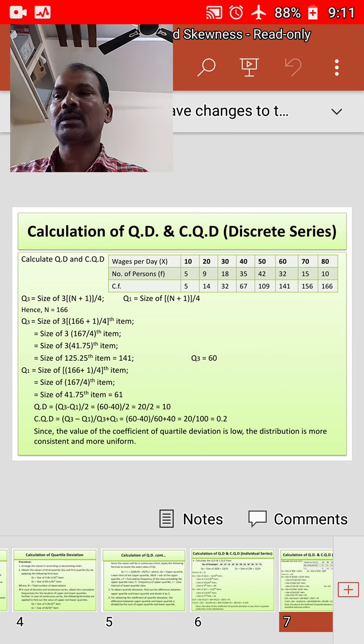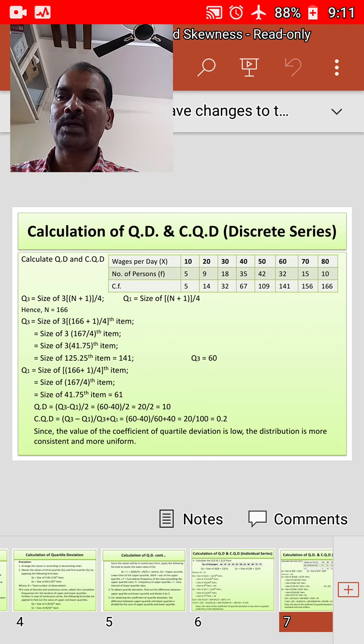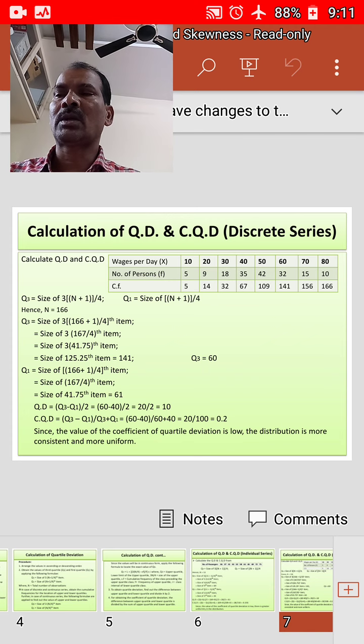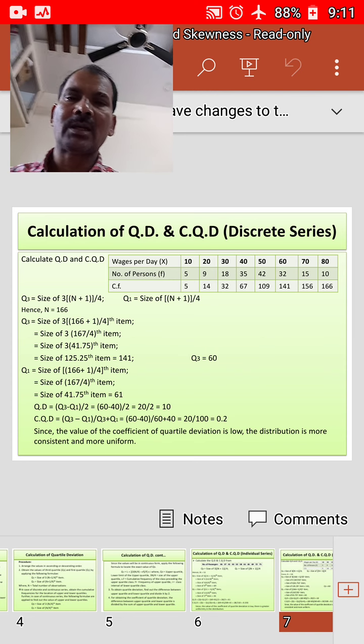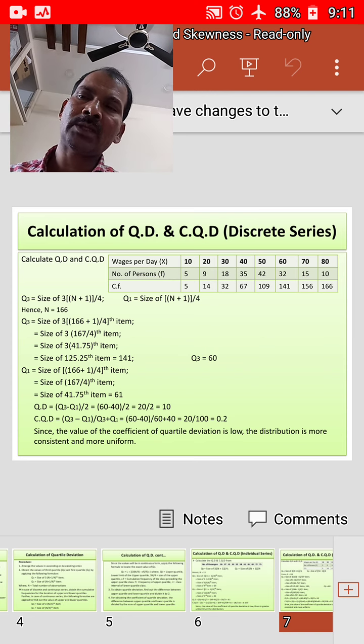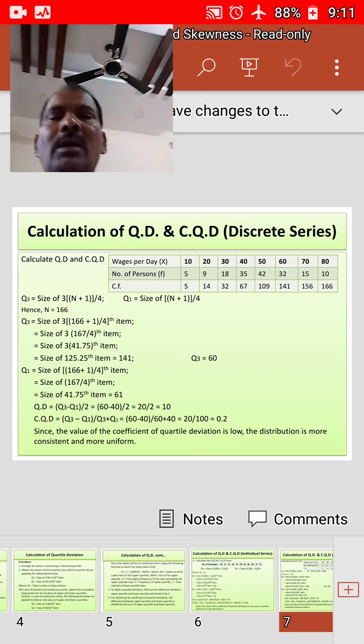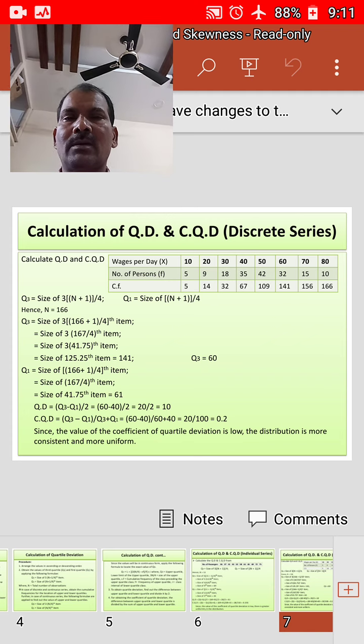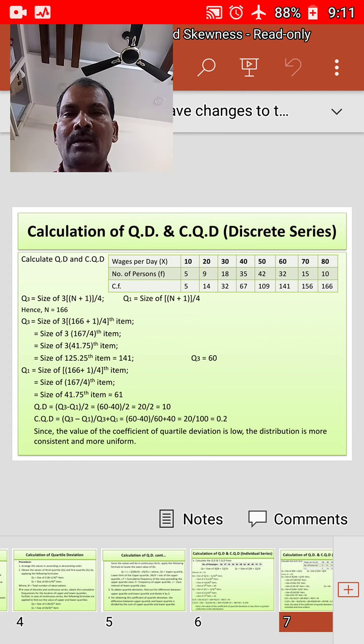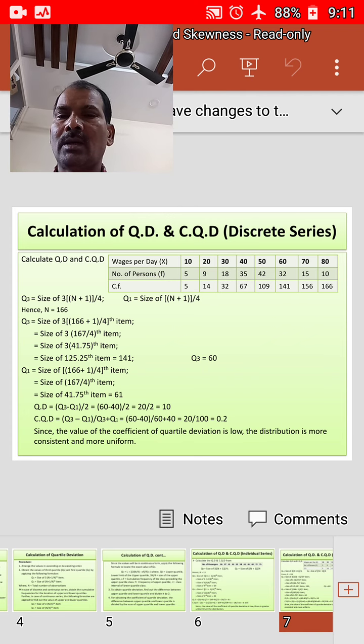Hence the second mission has a lower coefficient of quartile deviation and is more consistent when compared with the first. Of course both are consistent, but based on the coefficient of quartile deviation we compare the given missions, right?